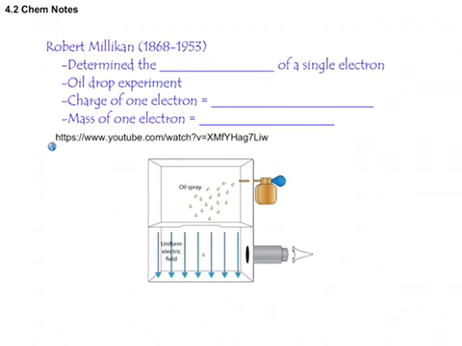So then we bring into play Robert Millikan, and he determined the charge, or the strength of the charge of a single electron, and he used an oil drop experiment. What he found was that the charge of one electron was equal to negative 1.602 times 10 to the negative 19th coulomb.